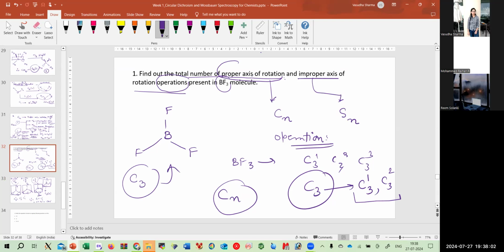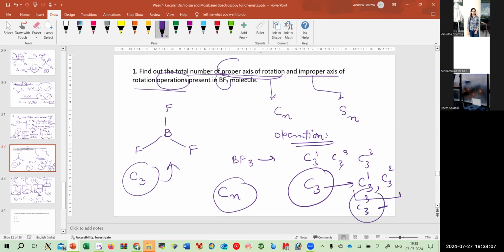If you count C31, C32 and C33, then C33 equals E. When I count the total number of elements, I already write E, then C31, C32. If I write C33 again, that is wrong because we can't count any element two times. The question says to calculate the proper axis of rotation where identity does not fall. So only two operations are possible for C3.